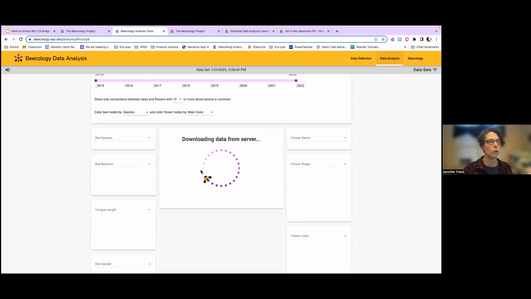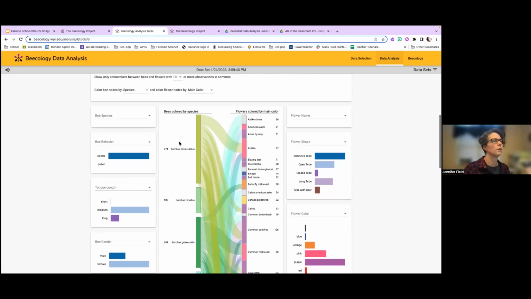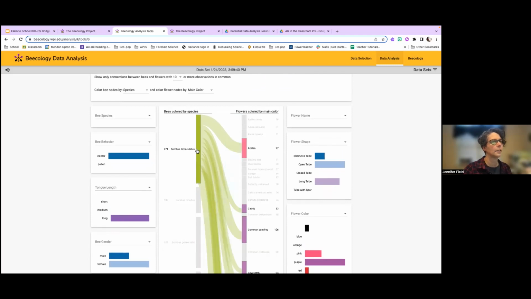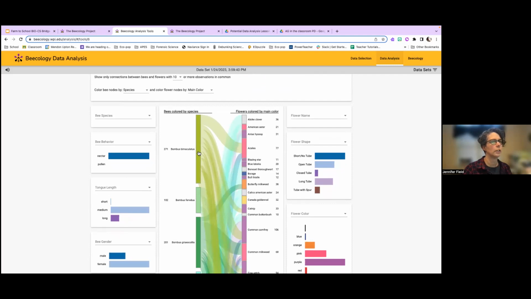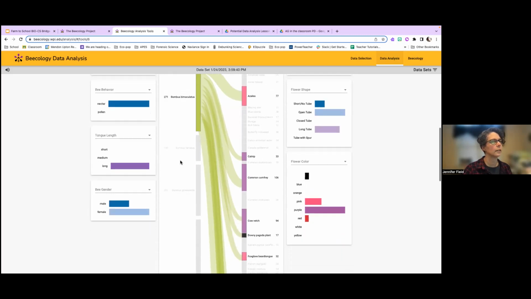And it's going to tell you which species of bees preferred which types of flowers. This is really nice. It takes a little bit to load because there's a lot of data behind it. So if you see here the Bombus bimaculatus, if I click on it, it'll show you its statistics on these different graphs, what it likes.